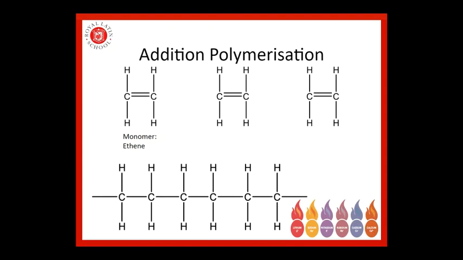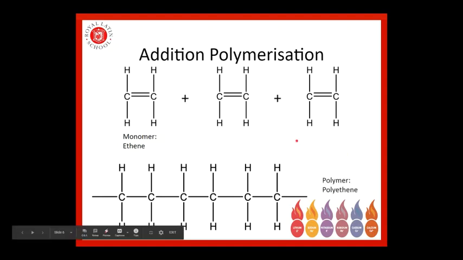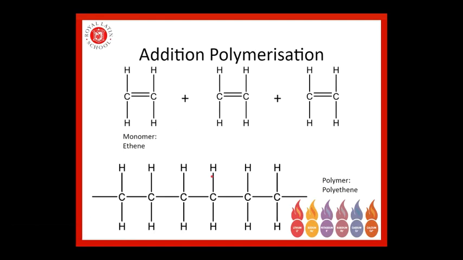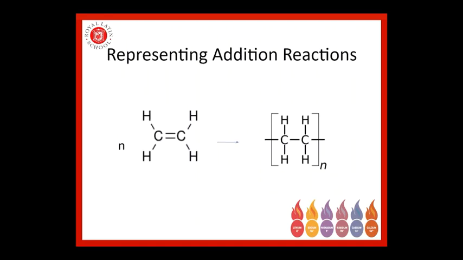One way of looking at that, rather than just writing it out again and again and again, which, let's be honest, could become slightly tedious, is to simplify it, where we identify what the monomer is. And that has been bonded to neighboring molecules, and it's been done again and again and again.